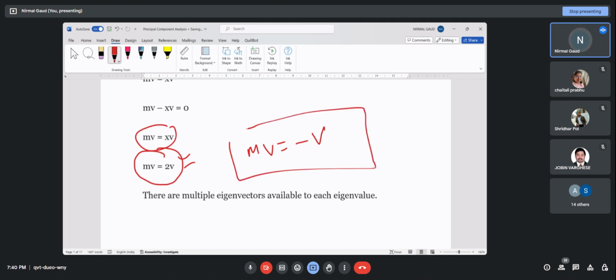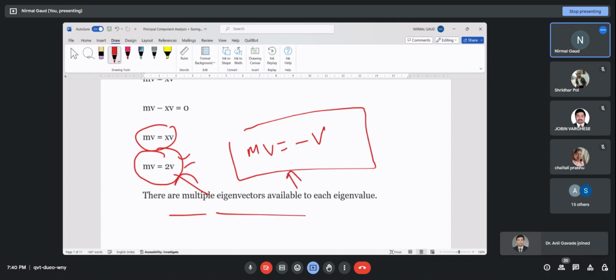These two equations you solve accordingly. Just put the vectors and values here, and you will get what vector you are going to get. We have already solved this in the previous lecture.